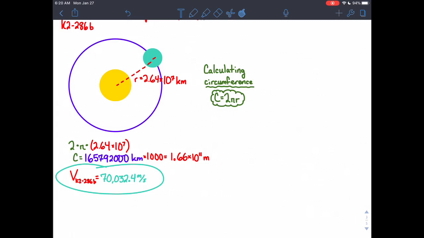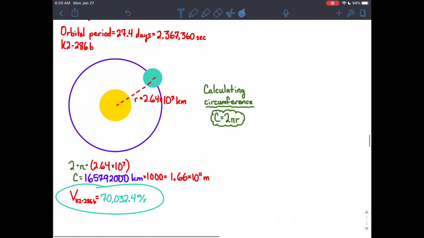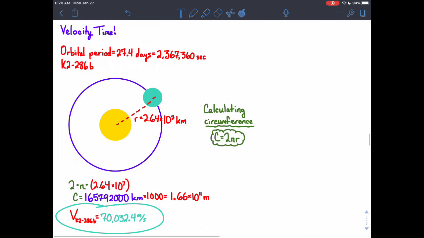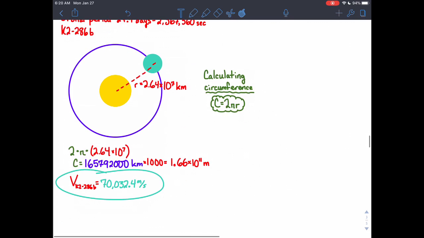And I multiplied that by 1,000 because it has to be in meters, because we're doing meters per second. Oh, and also up here, the orbital period given on the website was 27.4 days, which is 2,367,360 seconds. So I got the seconds up there, and I just needed to get the meters. That's why I was doing the circumference. So I did kilometers times 1,000, and I got 1.66 times 10 to the 11th meters.